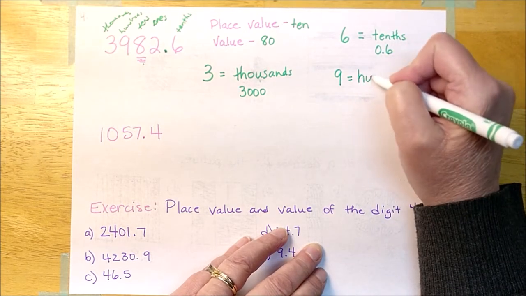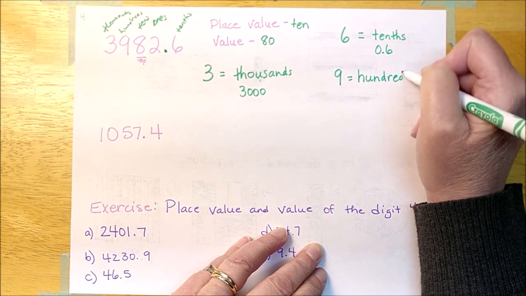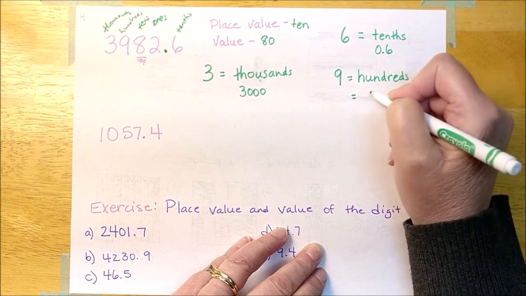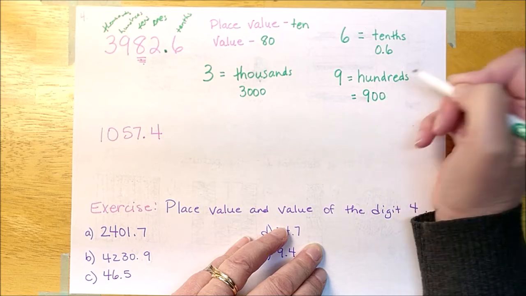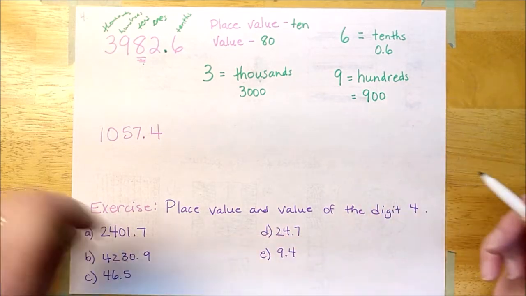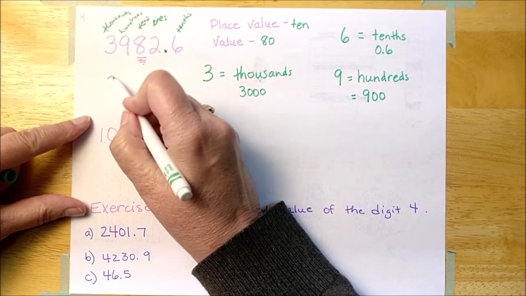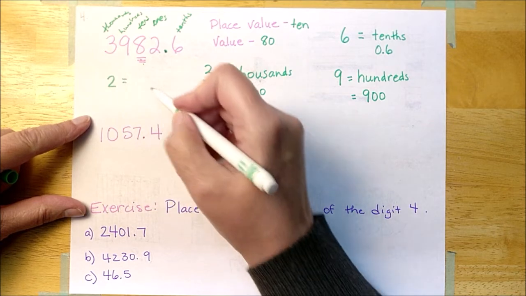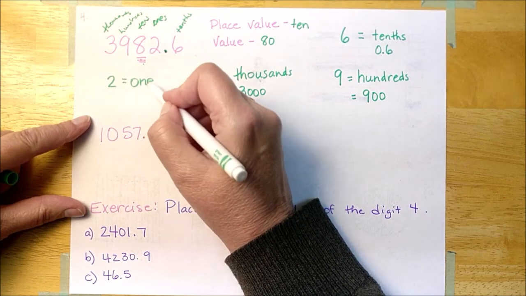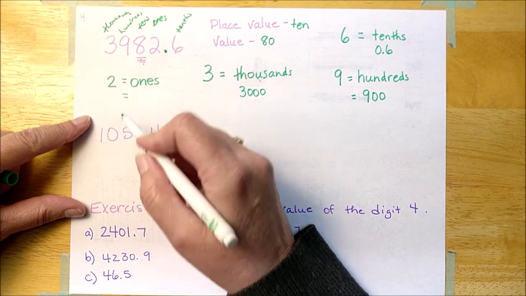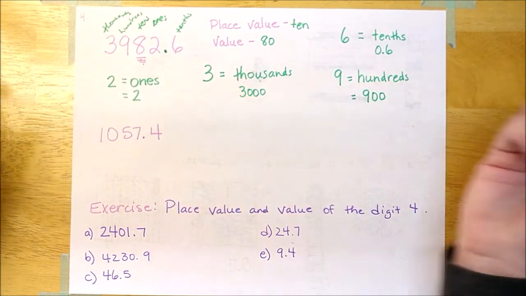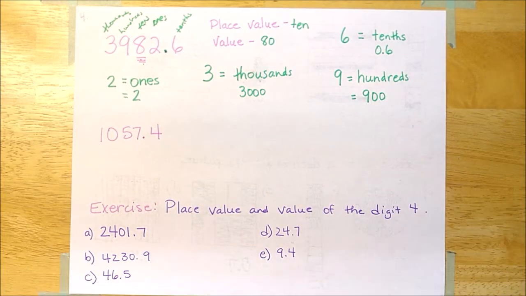The 9 is in the hundreds. So his value is 900. I guess the only number we haven't done yet is the 2. So the 2 is in the ones place, and his value is 2. That's what he is. He's worth 2.